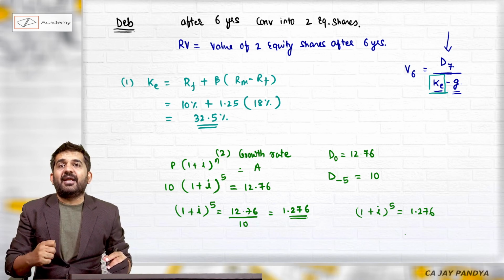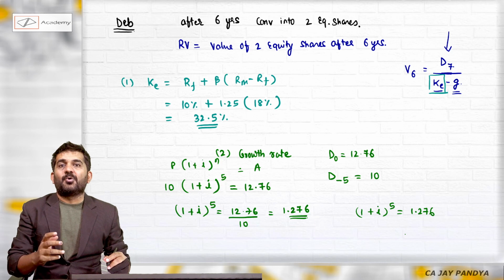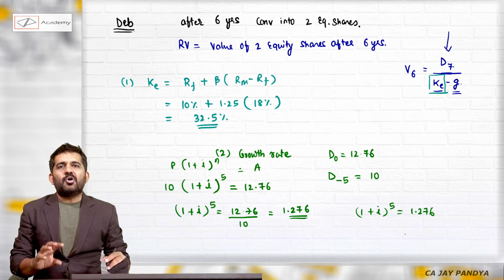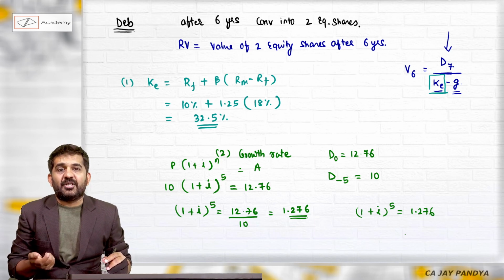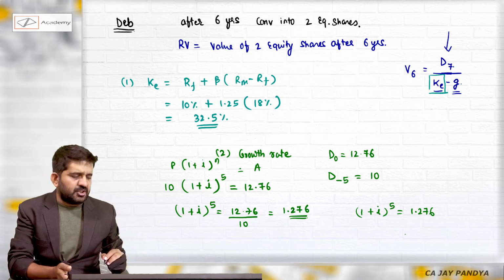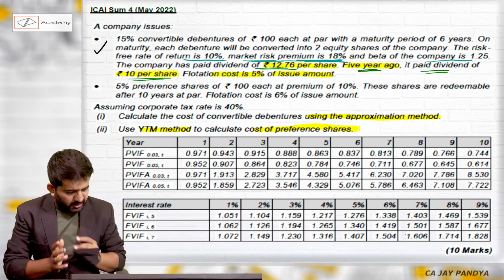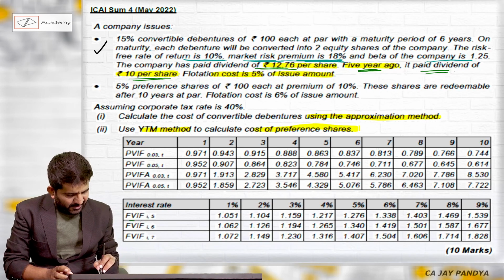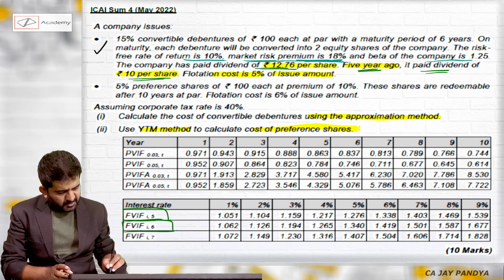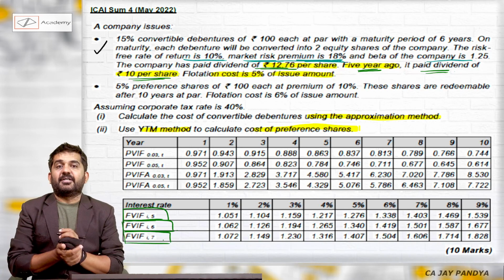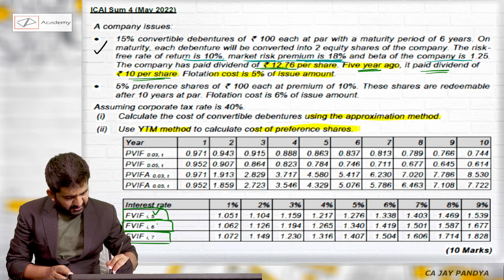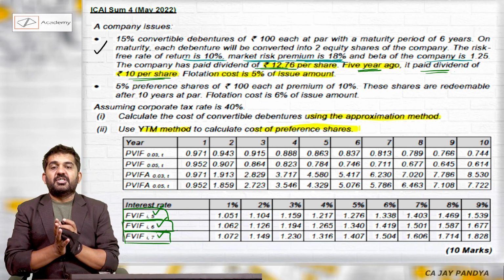What is the rate of growth, or what is the growth rate? Now, normally you can do trial and error in your calculator, but for this specific question, some of the factors are given to us. Future value interest factor for 5 years, for 6 years, for 7 years.